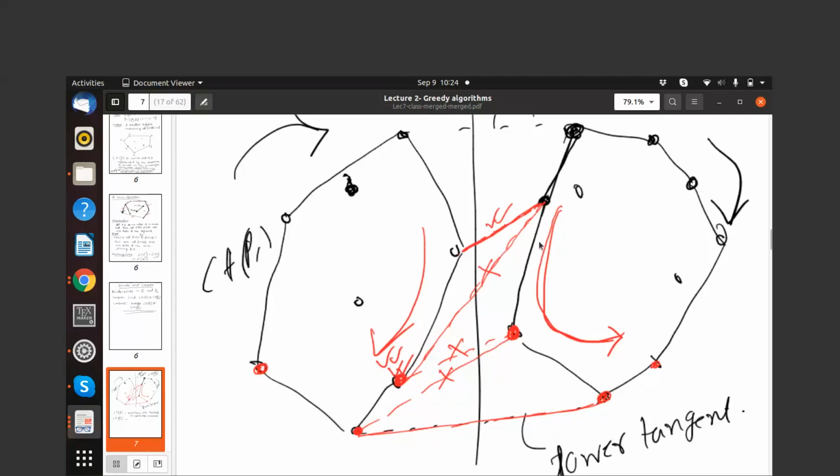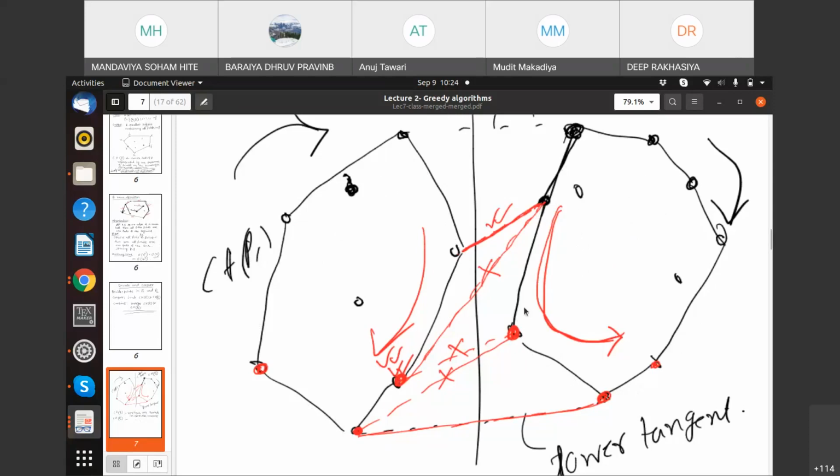And now the more interesting part is, notice that this cannot be the convex hull of the entire set of points, because all the points in P2 are strictly lying outside. Similarly, this cannot be the convex hull for the entire set of points, right? Because all these points are outside this convex hull.